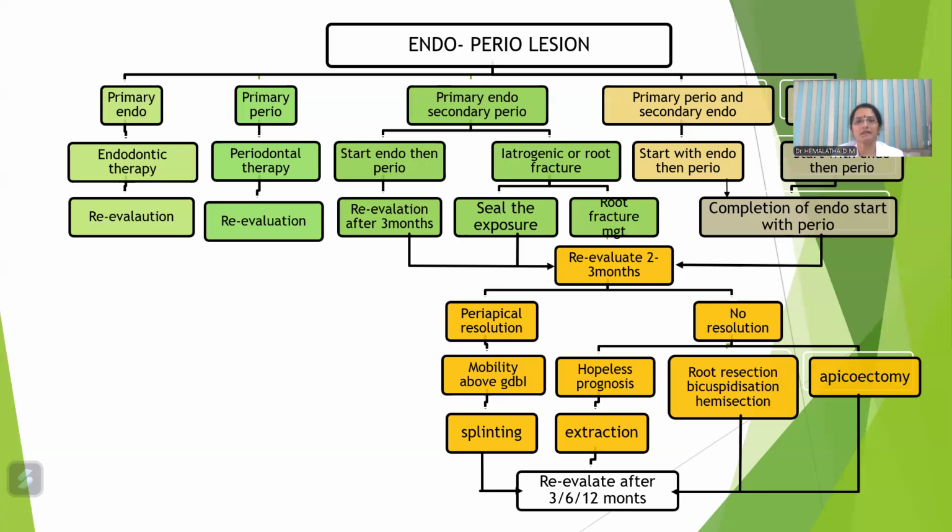If there is no resolution and it is a multi-rooted tooth, resective therapy like root resection can be opted, and even bicuspidization or hemisection and even apicoectomy can be done. Whatever the treatment you have done, re-evaluation is always mandatory, once every 3 months.